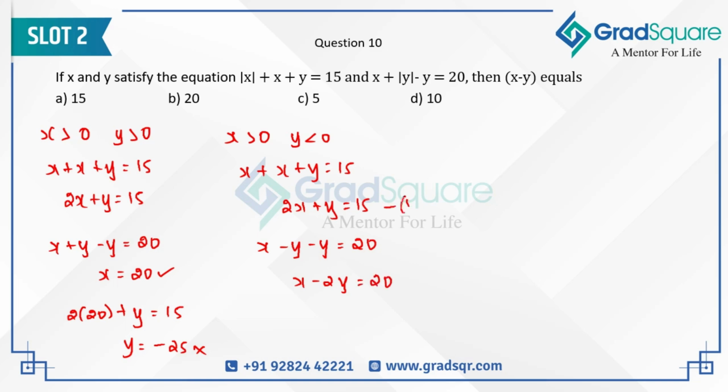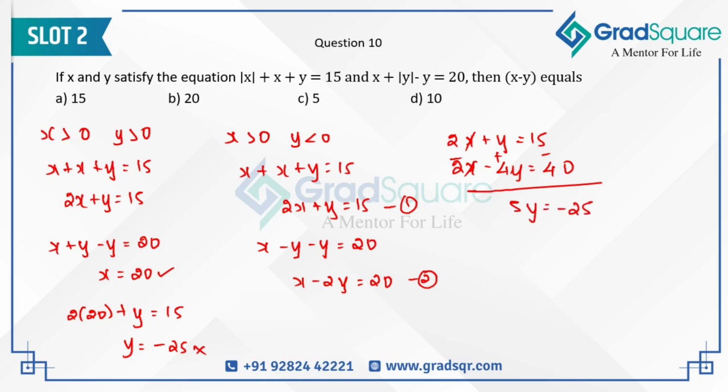Now I'm going to solve for x and y using the two equations. This is going to be what? Multiplying the second equation by 2, it will give me 2x minus 4y to be equal to 40. Now if I subtract, what do I get? x gets cancelled, and this is going to be 5y, and this will give me minus 25, y equal to minus 5, which is an acceptable value because we have taken y to be less than 0.